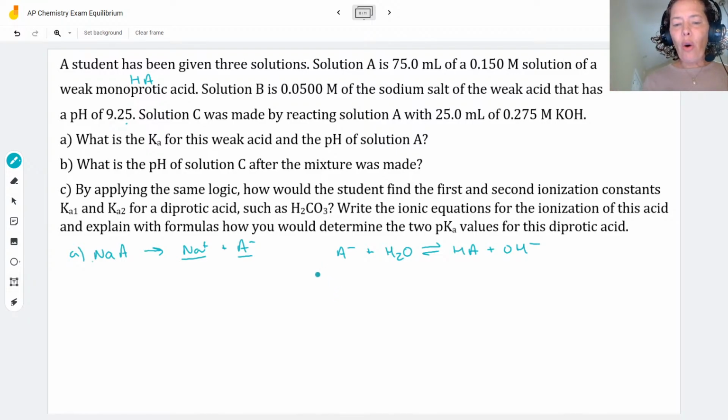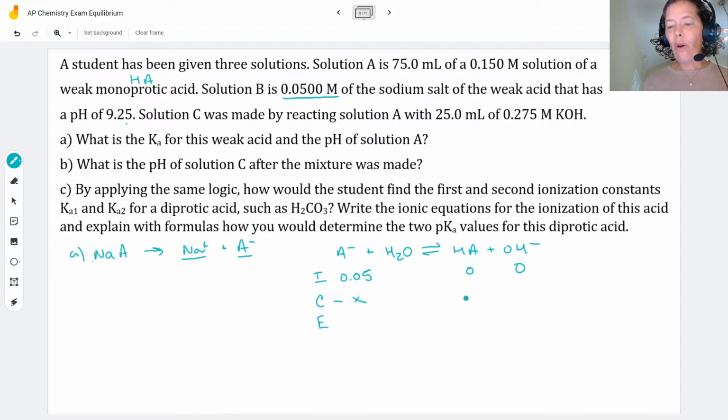Okay, so I'm going to set up an ice table. Or I don't know if some people call them rice tables, either way. But I'm going to set up my equilibrium here. Now, the great thing is I have my concentration of my acid. So that's 0.05. Of course, these initially are 0.